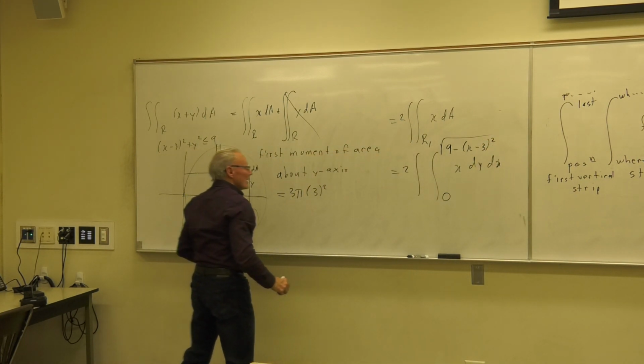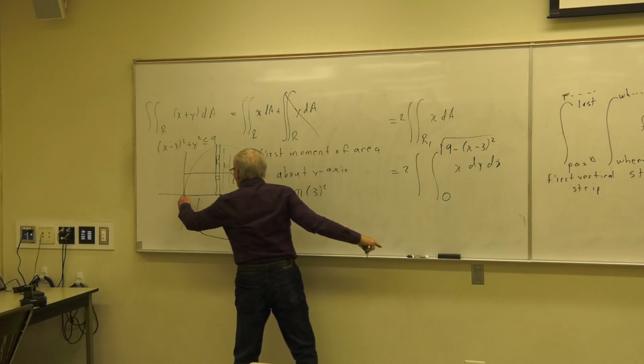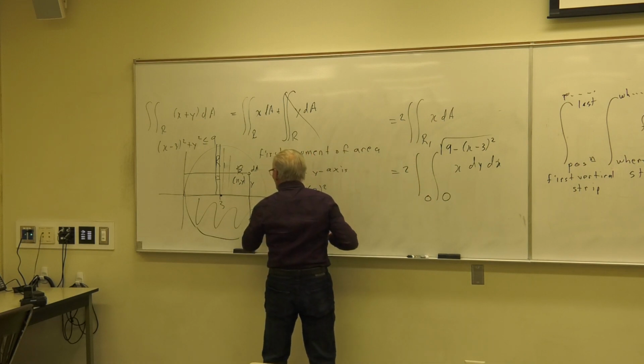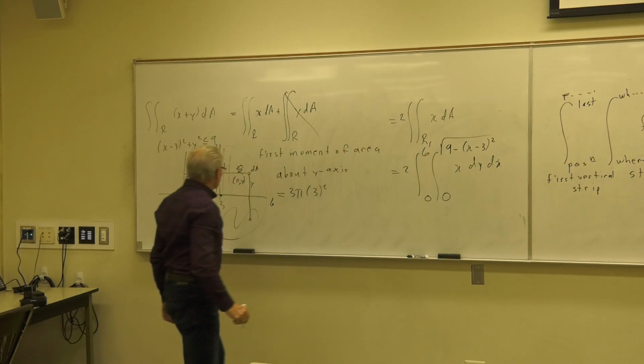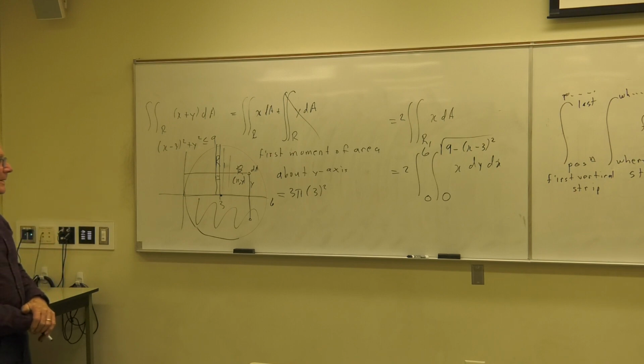Outer limits. This one here tells me the first vertical strip, 0. Upper limit, the last one, what's this? 6. So I'd have to evaluate that. I don't like that.